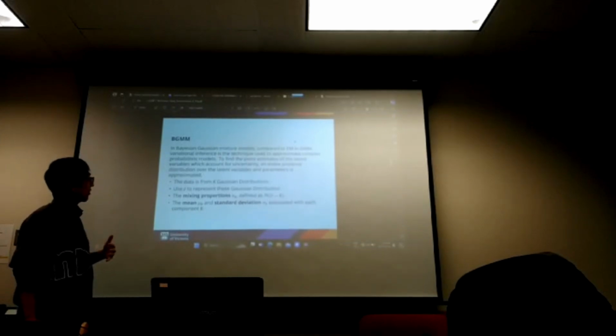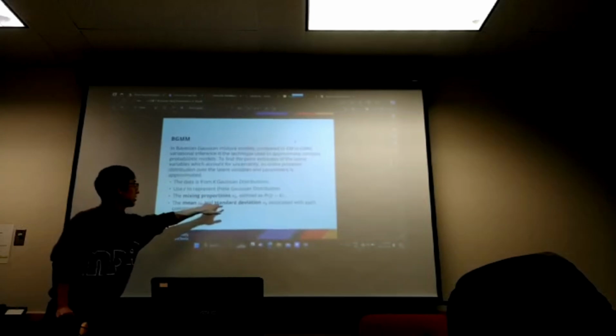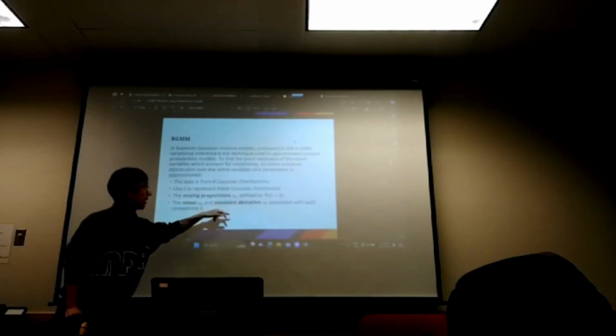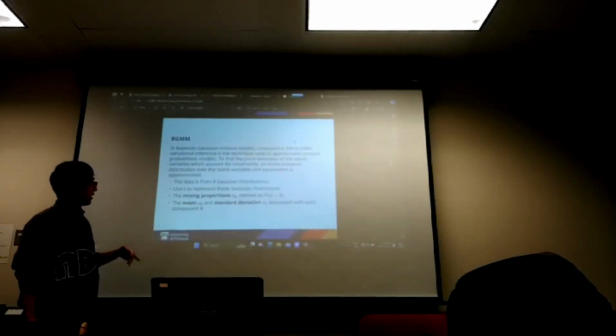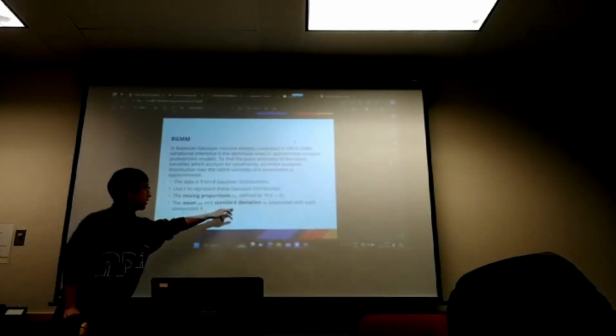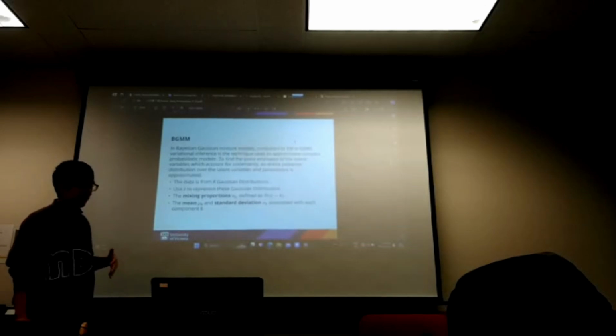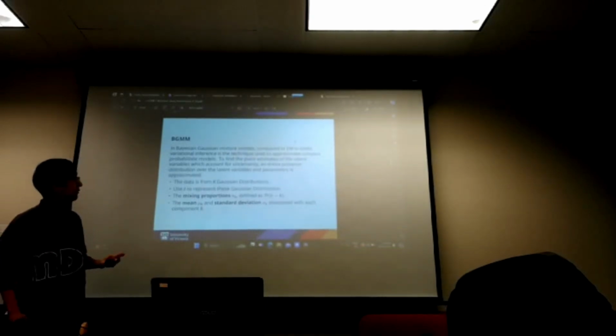What are latent variables? Latent variables are these three variables: the mixing proportions, pi, the mean, and the standard deviation. Latent variables means the variables we don't know. We want to find them out.